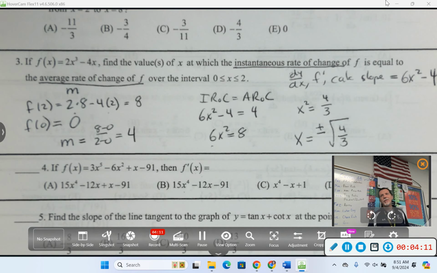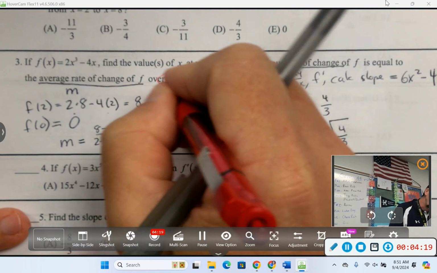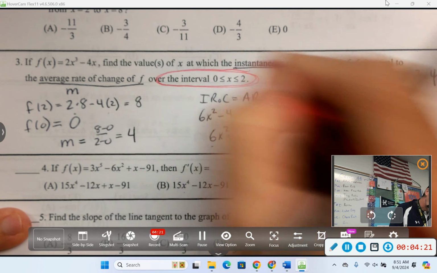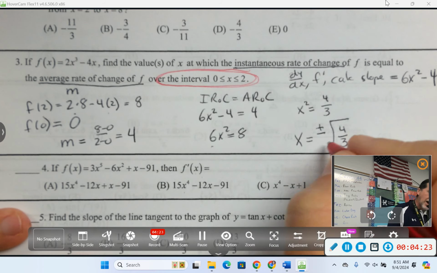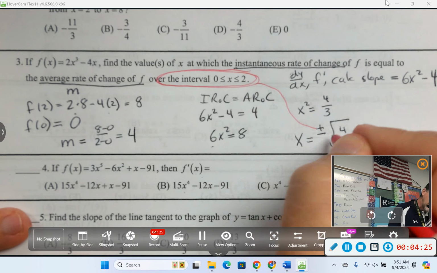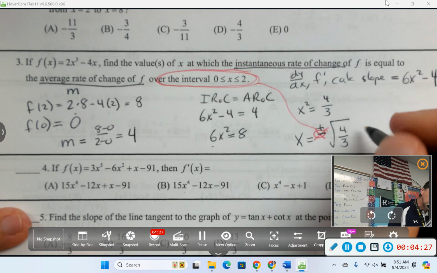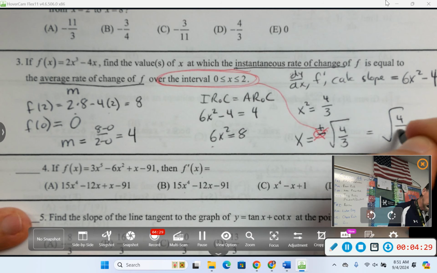This is a tricky one because there's like two answers. Take the square root of both sides, you get plus or minus. Good. But this says on the interval 0 to 2. So not the negative answer. That one's out. So just square root of 4 over 3.